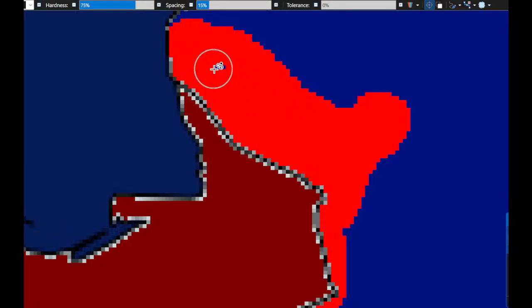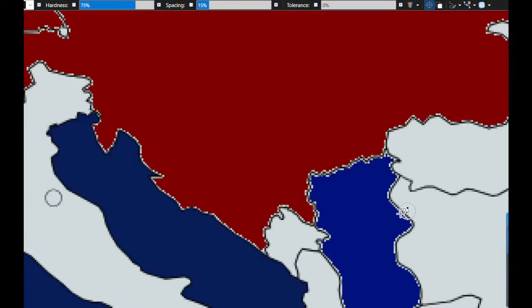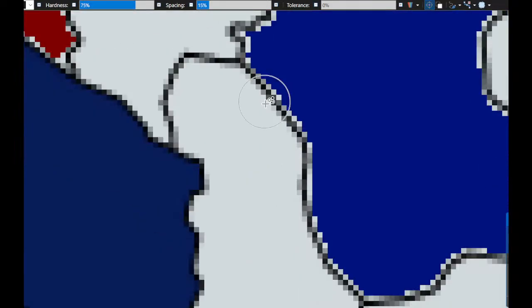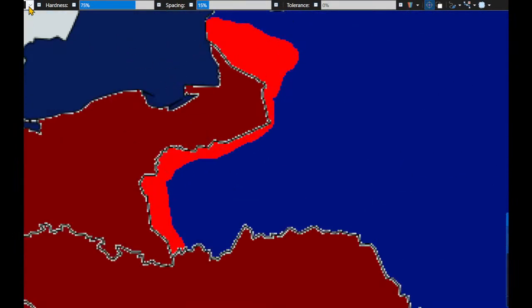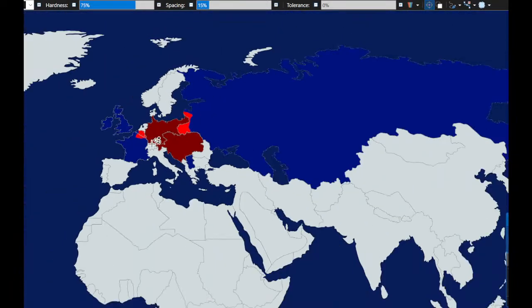So the Austro-Hungarians struggle against the Serbs. By the end of 1914, most of Poland had fallen. Well, actually, that's 1915, but still.